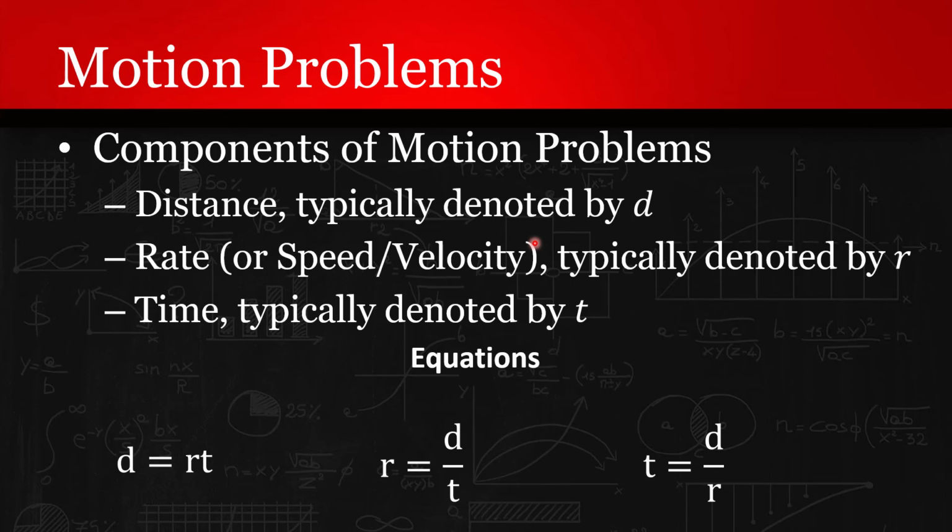The first type of problems are going to deal with motion. The components of a motion problem are the distance, how far you've traveled; the speed, or velocity, though we're going to call it speed because velocity is a vector and we're not doing vectors just yet, which is typically denoted by r or s; and the time, denoted by t.